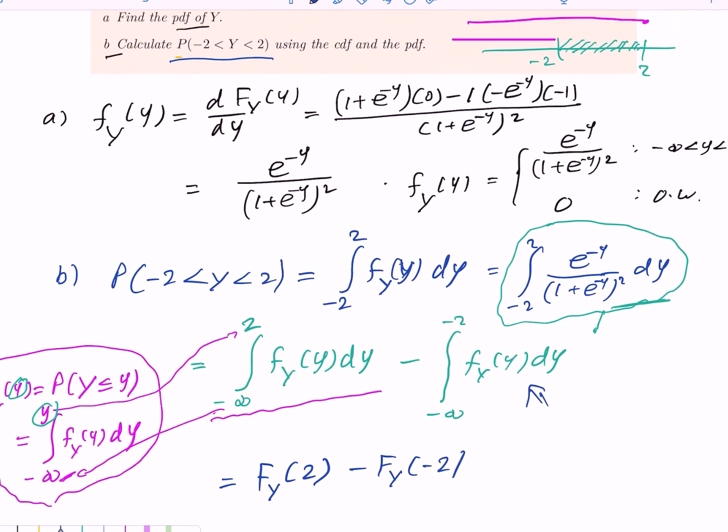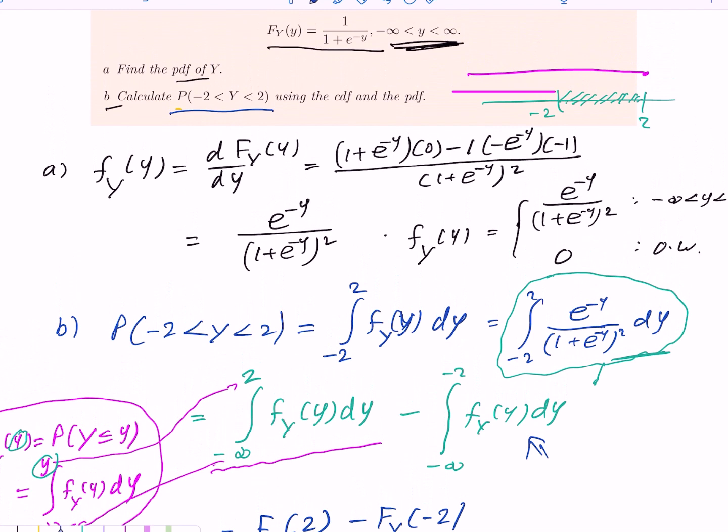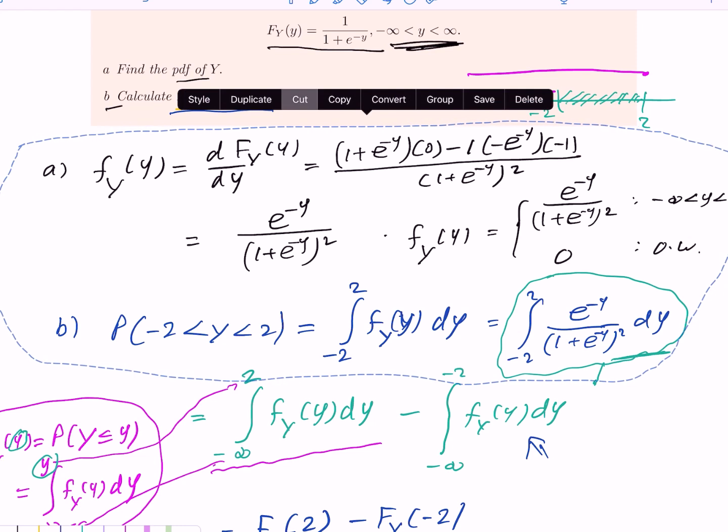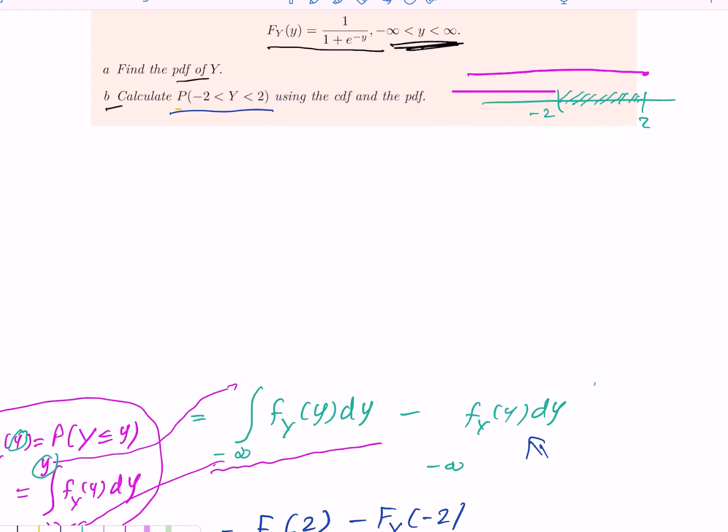Now you know F_Y(y). So let me go to the top and erase this. Right, so let me write down again: the probability that Y is between negative 2 and 2 now equals F_Y(2) minus F_Y(negative 2).